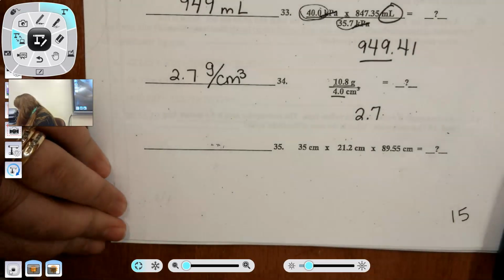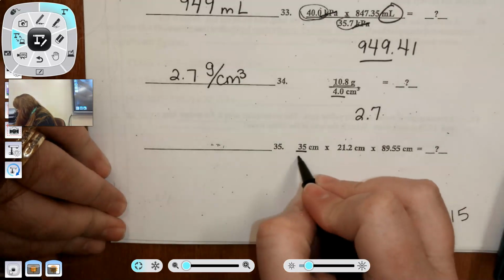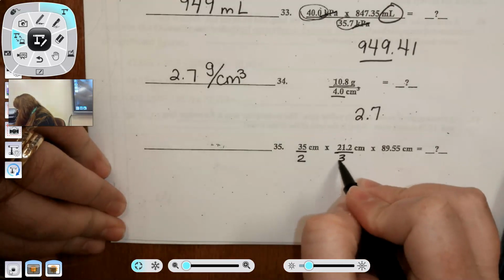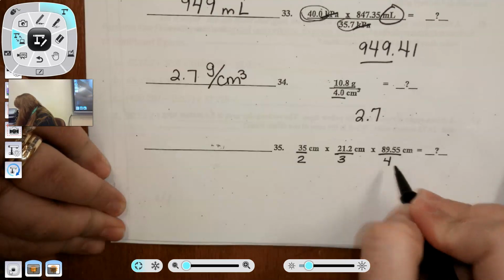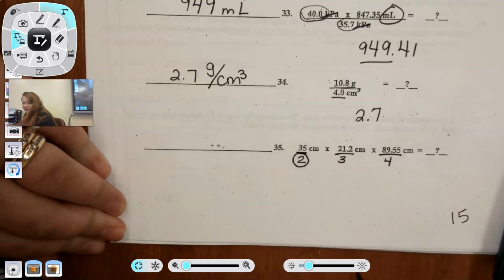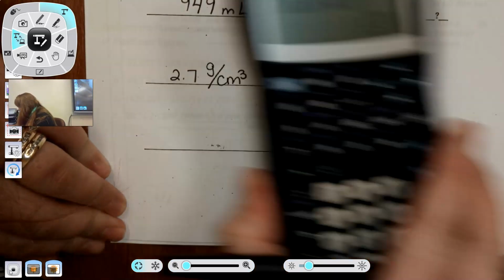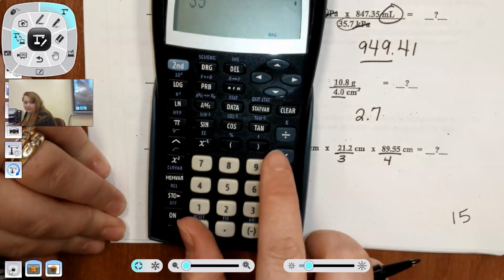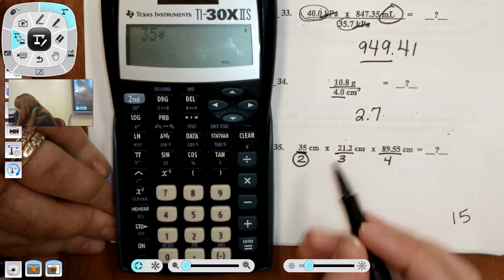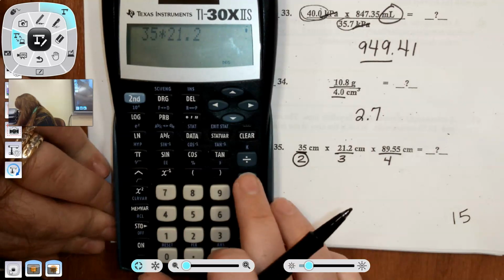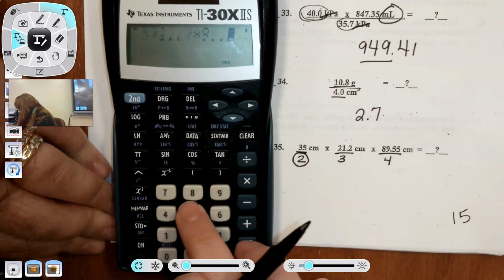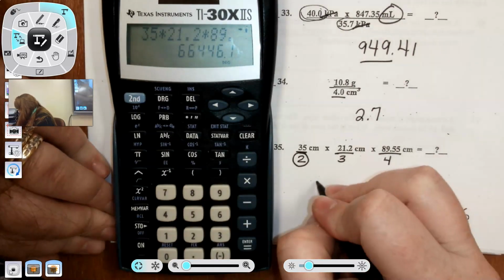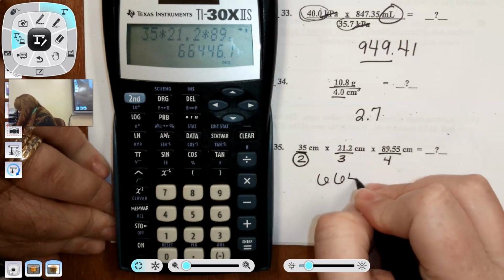All right, we're multiplying. 35 has 2 sig figs, this has 3 sig figs, and this has 4 sig figs. So my answer can only have 2 sig figs. So 35 times 21.2 times 89.55. When we put all of that in the calculator, we get a really big number.